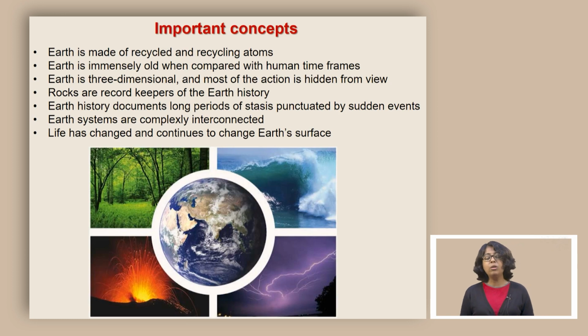Otherwise, if we do not understand how this entire system works, which is a complex system, probably in future we are going to face certain hard situations. The Earth is going to survive, but the life on Earth may perish, or at least part of it may perish, and hence a deeper understanding of the complex Earth system is important.